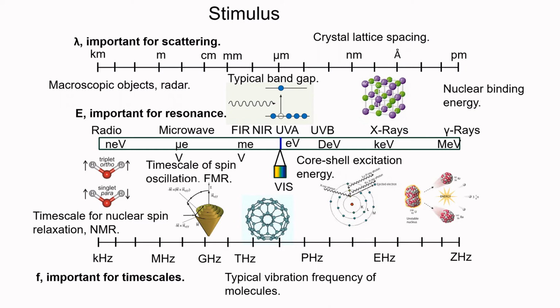Alternatively, if you're thinking about your stimulus in terms of energy levels and energy involved in the radiation, then this is where you're maybe looking for energy transitions and resonant processes going on. So again, different parts of the electromagnetic spectrum would be useful in different contexts.